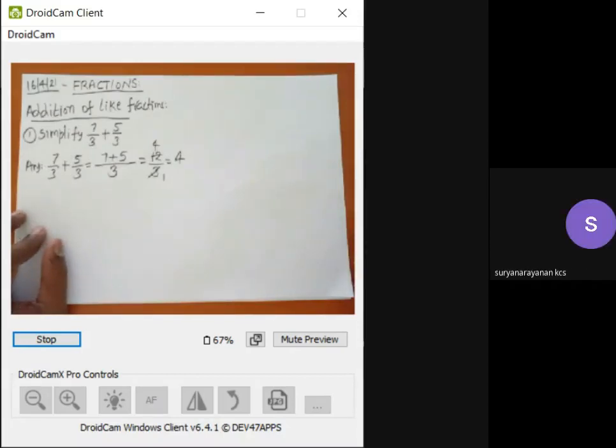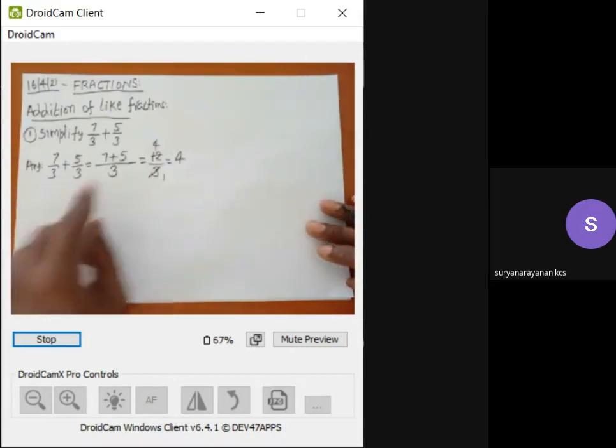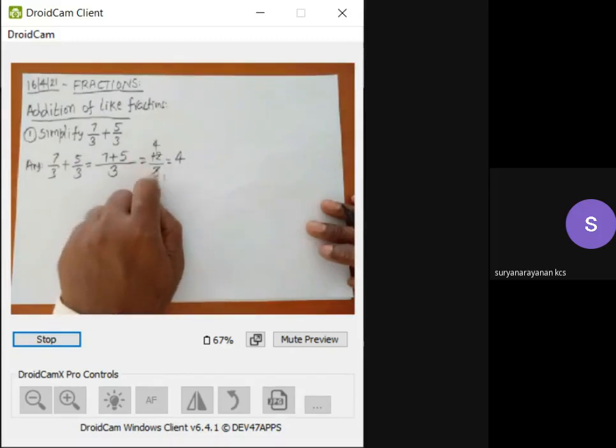Yes, sir. Every time you should write a fraction in its simplest form. Means we should cancel the numerator and denominator by a table. Okay, please remember this point. Every time we should write a fraction in the simplest form.